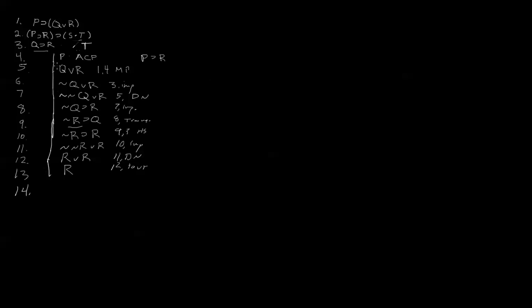Now we did what we wanted to do. We have if P, that shows us R is true. So now we can leave the assumption, and I put line 4 as my antecedent, and I put line 13 as my consequent. And I say that's from step 4 through 13, conditional proof.